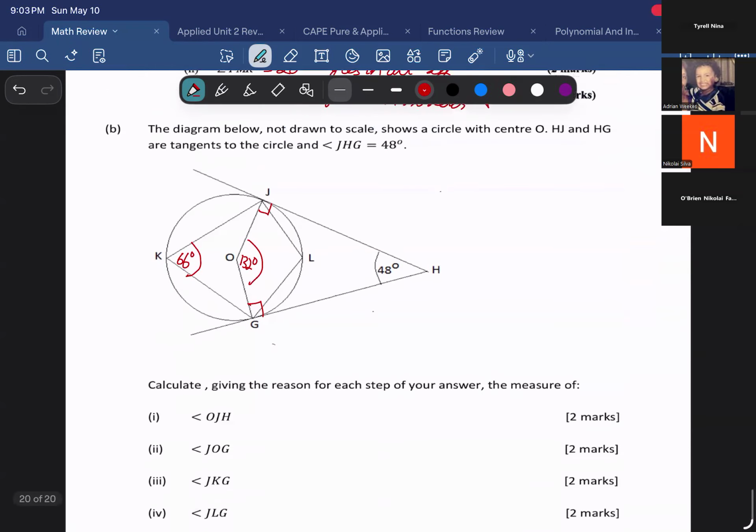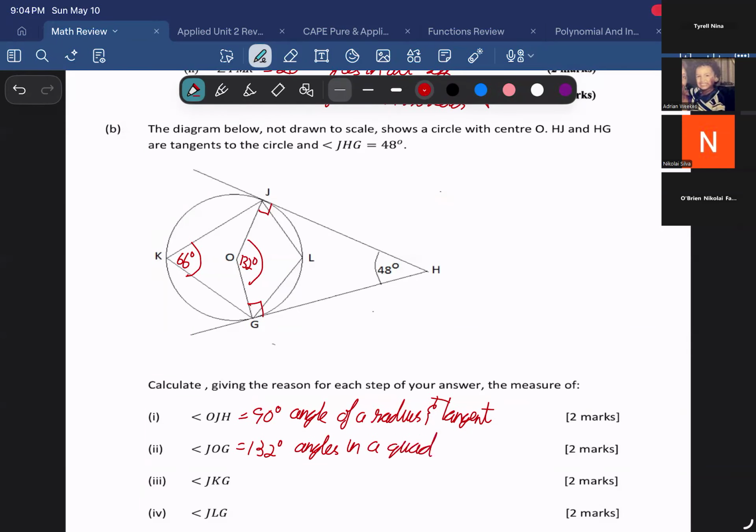So I immediately wrote in everything that I know I need to do, right? So OJH, this is 90 degrees, as this is an angle of a radius and tangent. JOG, this is 132 degrees, angles in a quadrilateral.